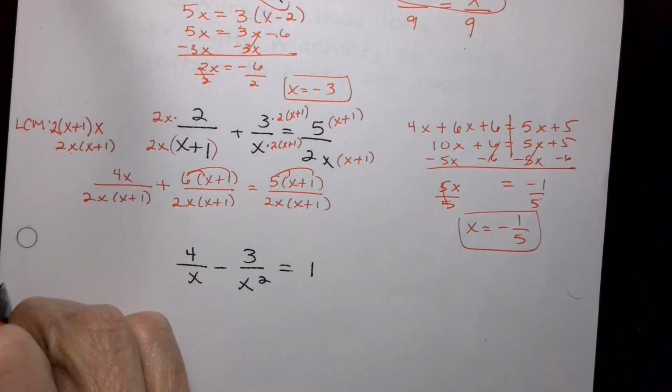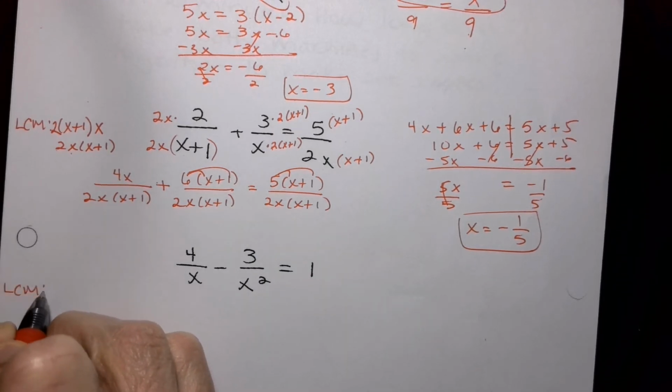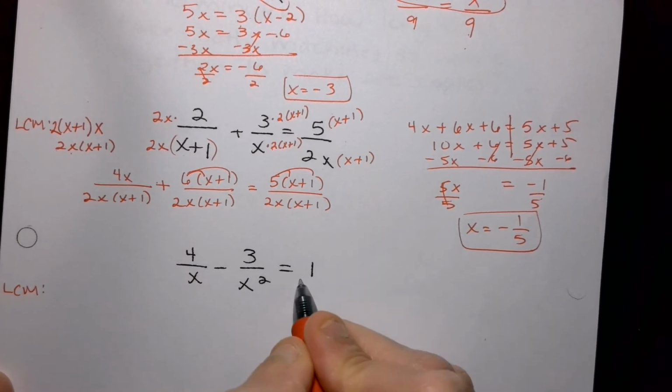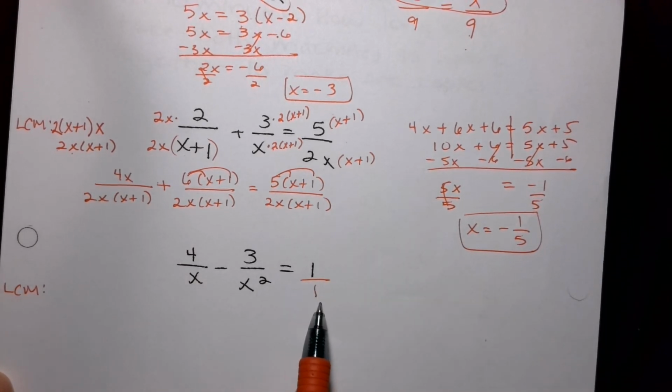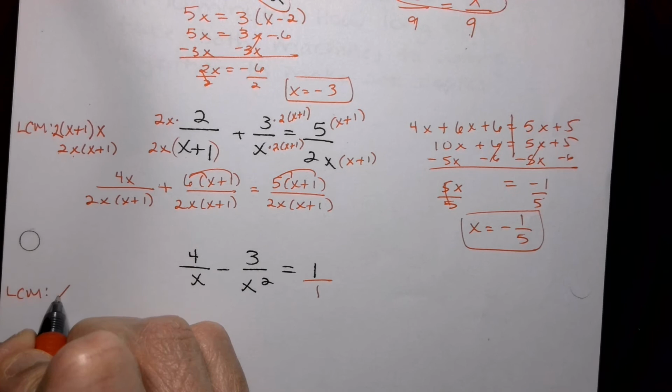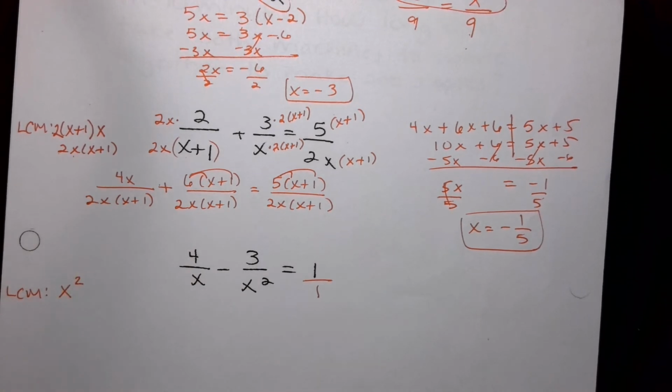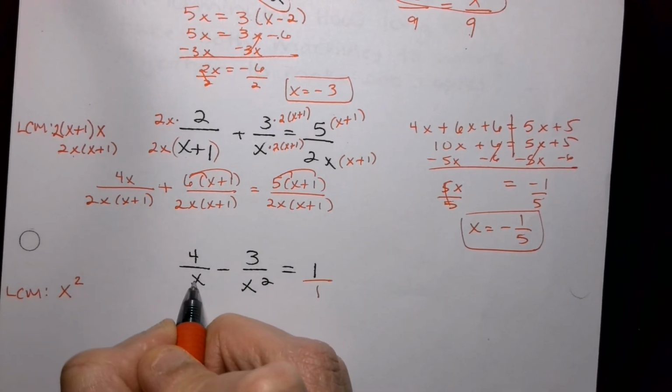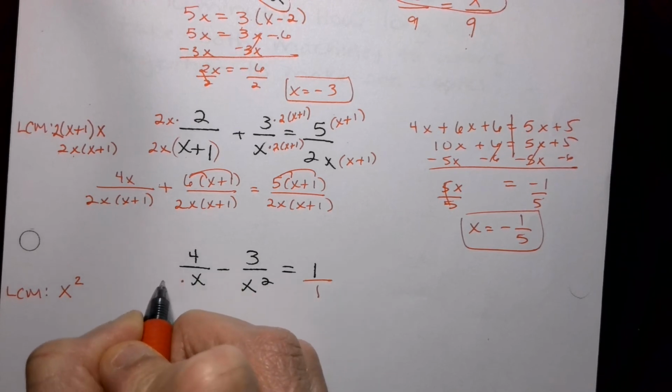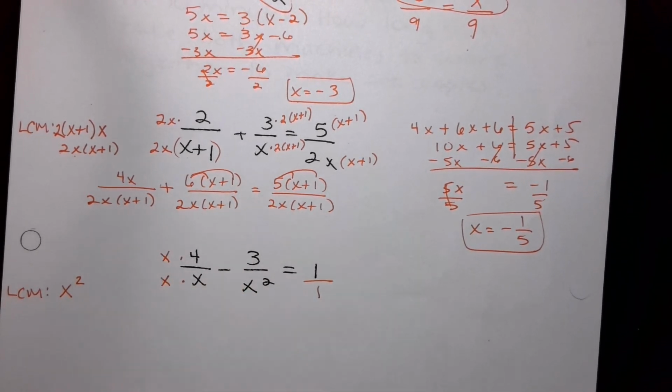So the LCM in this one is going to be what? Just x squared, isn't it? The highest power we have is the x squared. We want to take the highest power. So what do I multiply this by to get x squared? X. What do I multiply this by?